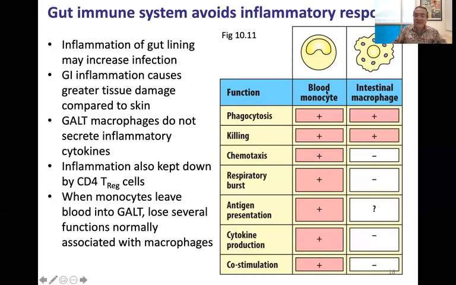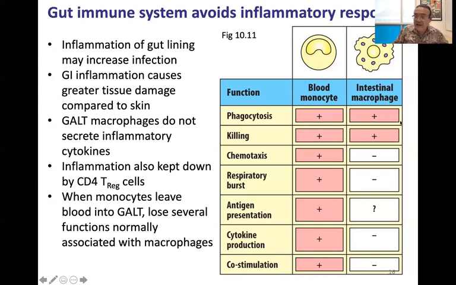If you look at, for example, a blood monocyte flowing through your blood, this monocyte is going to become a macrophage eventually. If it exits the blood somewhere in some of your tissues, it might become a peripheral systemic macrophage, in which case it's ready to eat bacteria and release interleukins to cause inflammation. But if it exits your blood in your mucosal layers and becomes something like an intestinal macrophage, it's quite different.